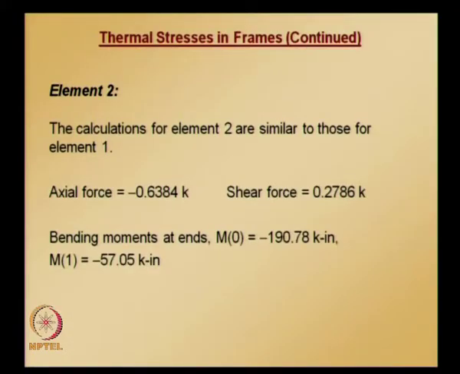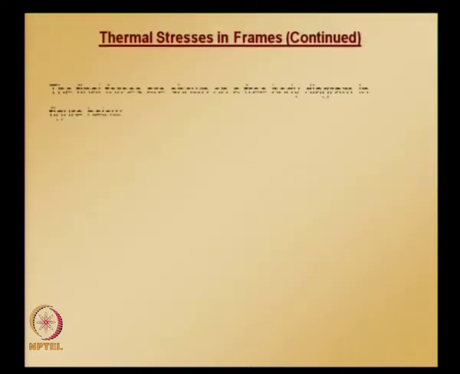So, using these values we can draw a free body diagram showing bending moment, shear force and axial forces for element 1 and element 2, and we can easily verify whether these two elements independently are in equilibrium, and also when they are put together whether they are in equilibrium. So, final forces are shown on the free body diagram in figure below.